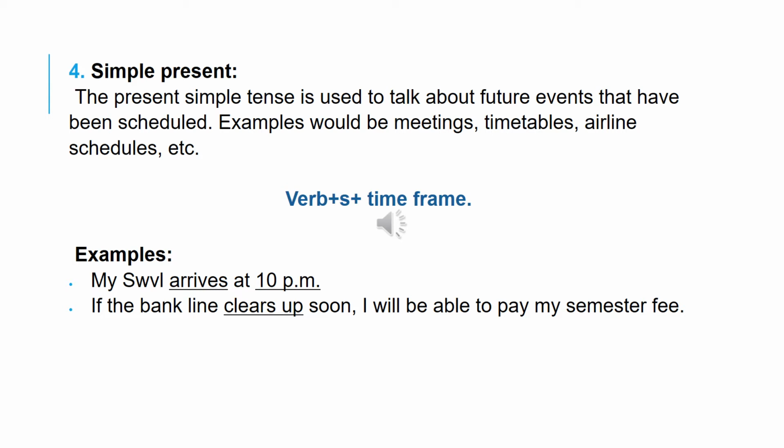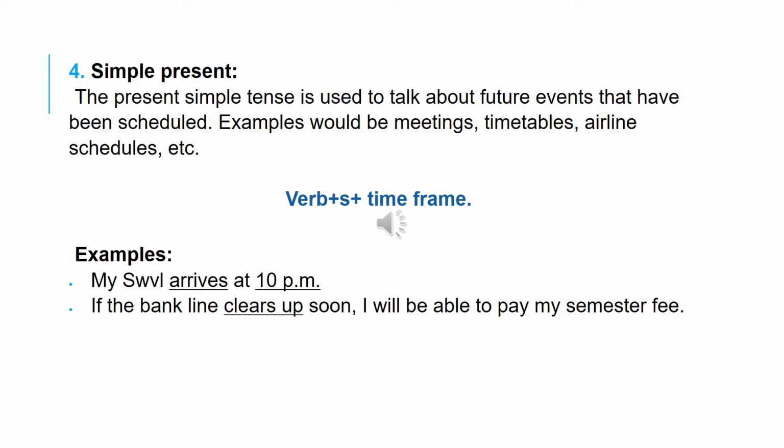And the other example is, if the bank line clears up soon, I will be able to pay my semester fee. Okay, so this isn't a schedule, so what makes it a part of the simple present? I've already told you the three limits, and one of them was the if clause, the conditionals.